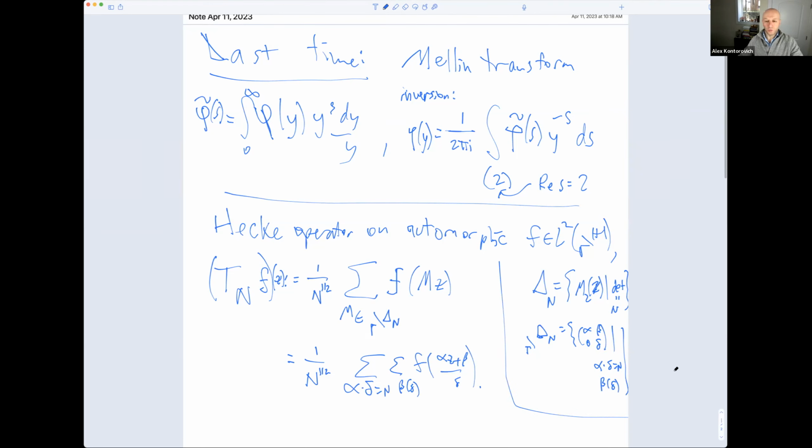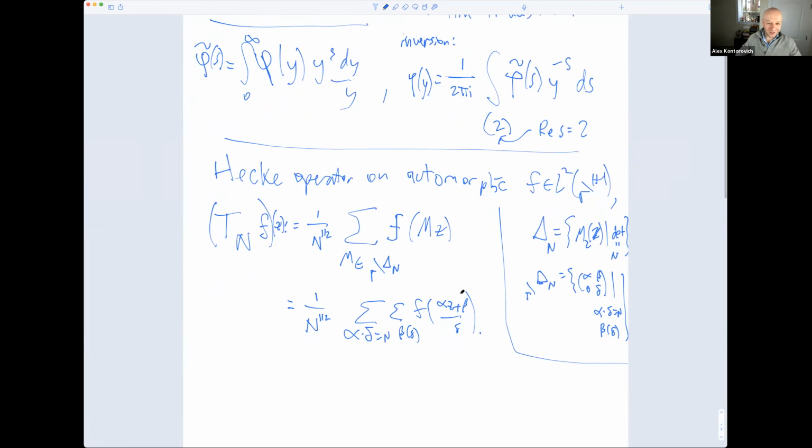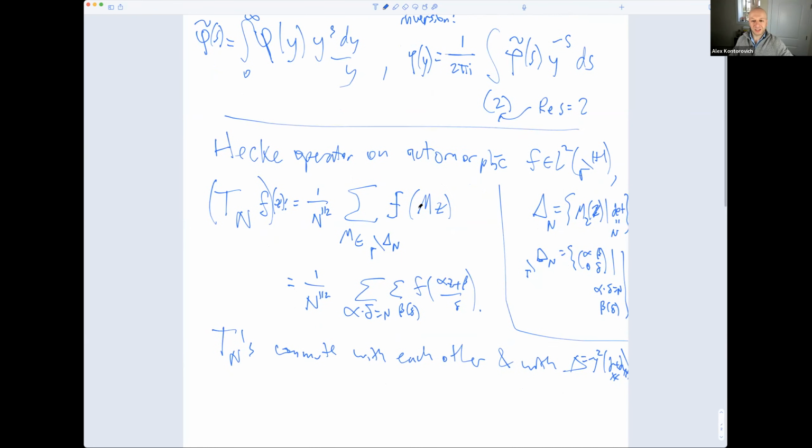Okay, we saw that these things commute. We saw that they commute with, well, it's a finite sum of actions of left multiplication by elements of SL2(R). So the T_n commute with each other, and with the hyperbolic Laplacian, negative y squared times 2 derivatives in x plus 2 derivatives in y. So we can consider simultaneous eigenfunctions.